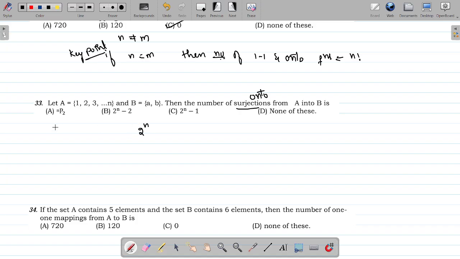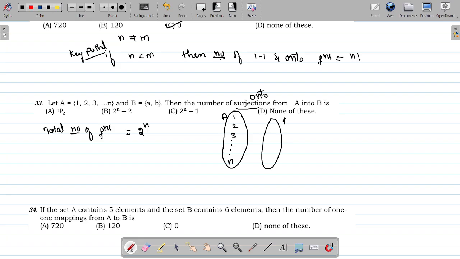This is the total number of functions. Why are we taking the total number of functions as 2 power n? See here, in the set A, you have 1, 2, 3, and so on up to n. In the set B, I have 2 elements a, b. So if I want to map 1 to any of the elements, how many choices does it have? It has 2 choices.